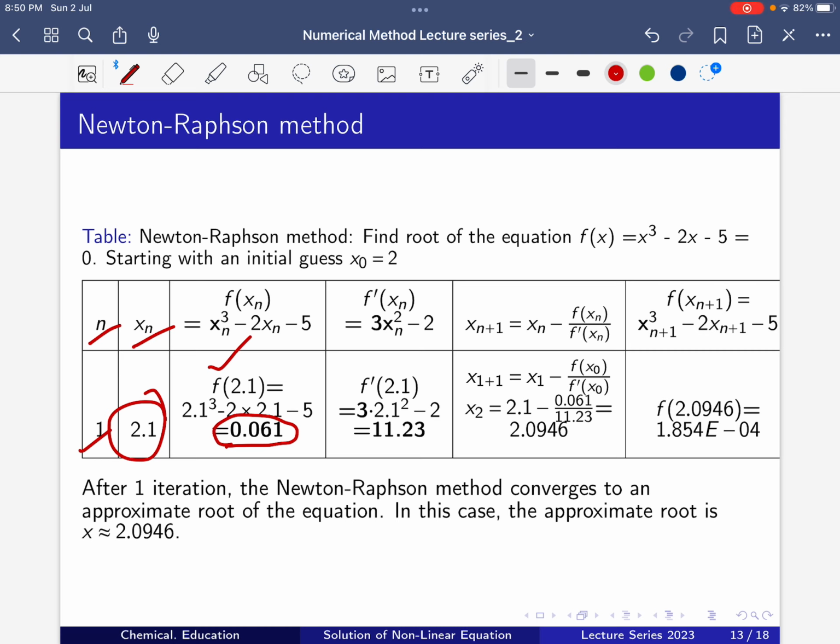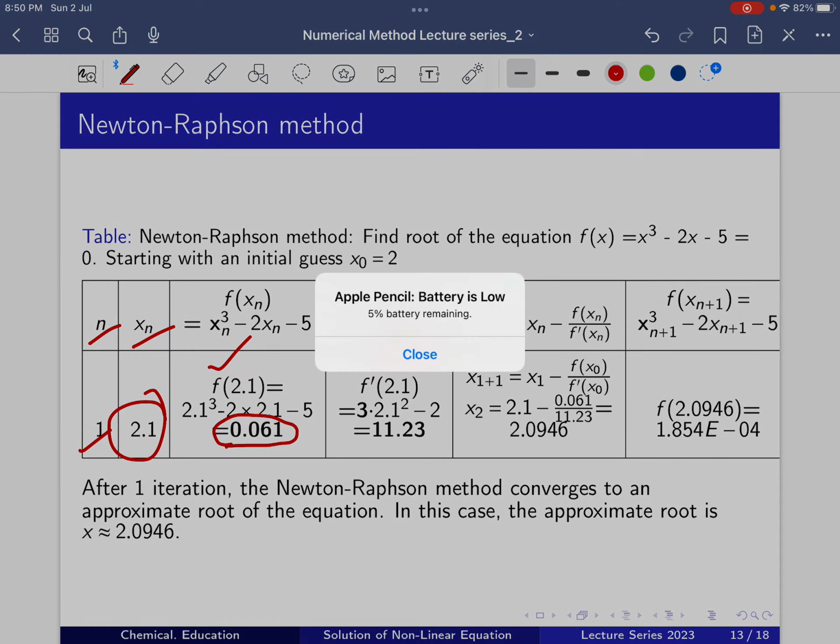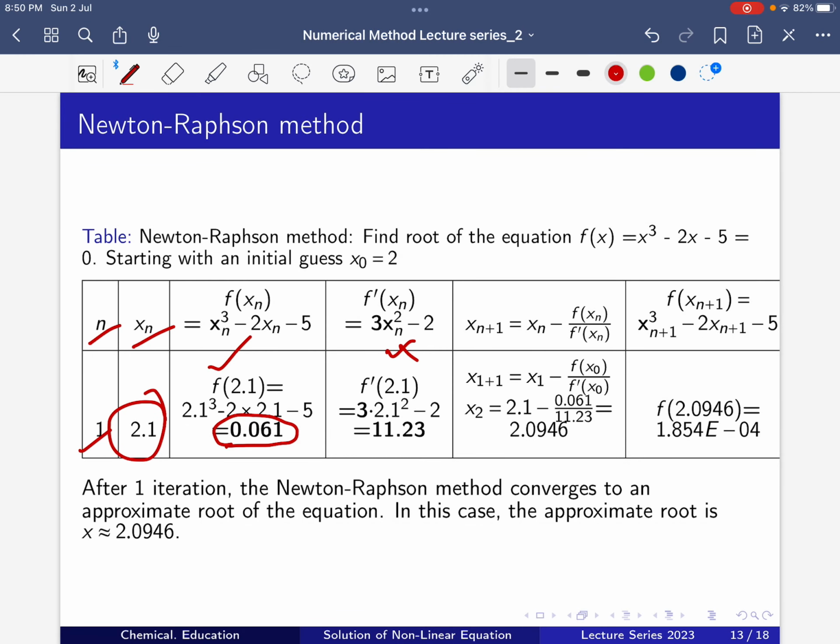Plugging into 3x^2 - 2, we get f'(2.1) = 11.23. Now from here we can calculate the root x2. x2 will be x1 minus f(x1) divided by f'(x1). If we plug in these values, x2 will be 2.0946.